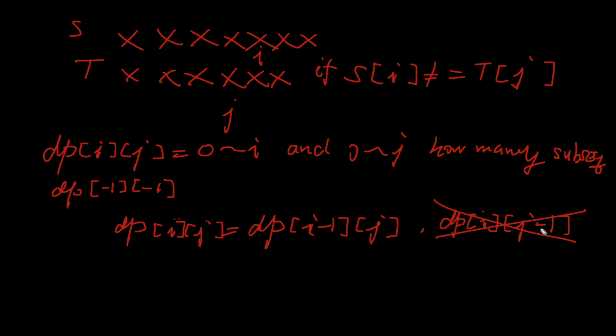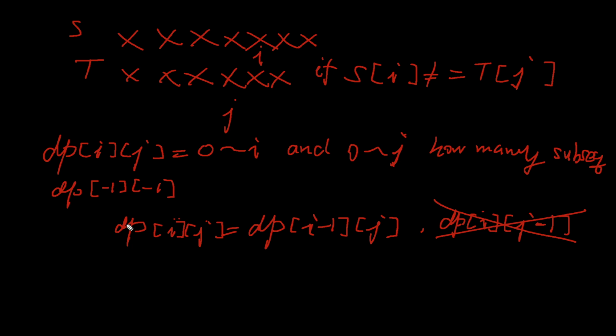So if we do something like this, then it's not right, because our definition is that from 0 to j, basically the j's character has to be matched somehow. But if we do this, that means we don't care about the current j, which is wrong based on our definition.